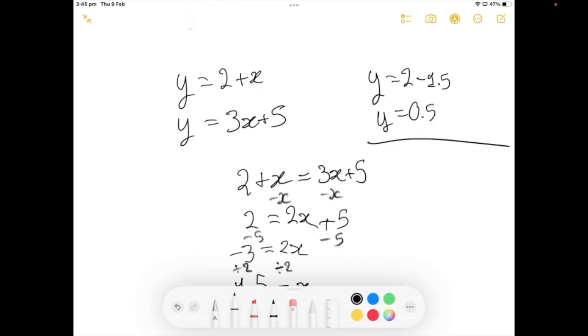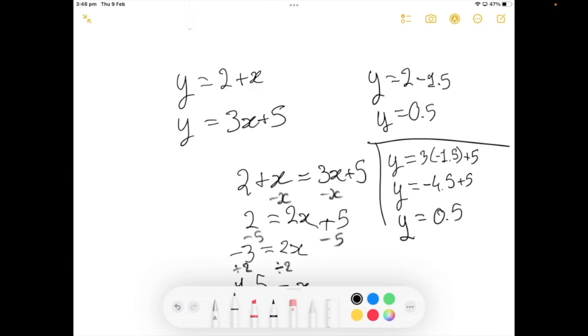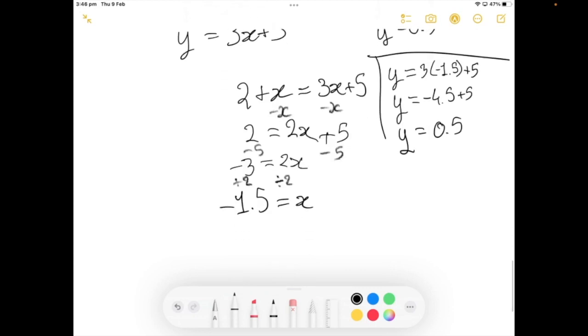Now we check in the other equation. y equals 3 times negative 1.5 plus 5. So then it's negative 4.5 plus 5. y equals 0.5. So yeah, these are the answers.